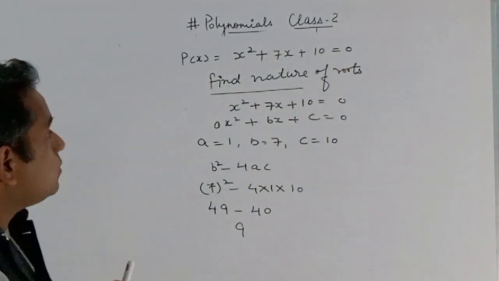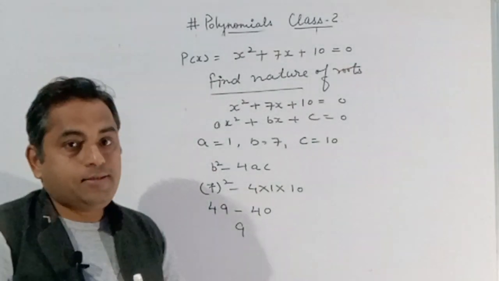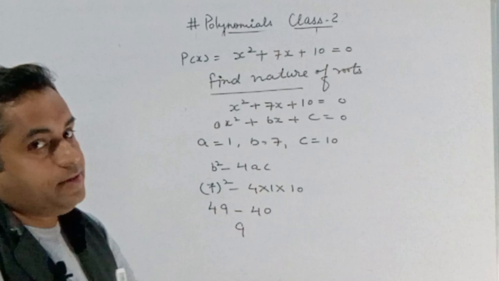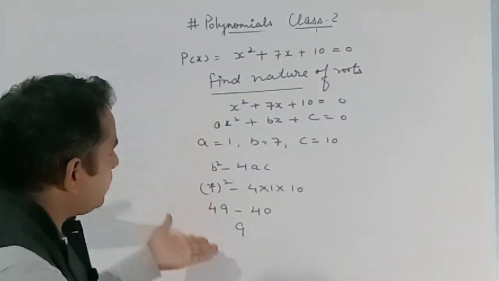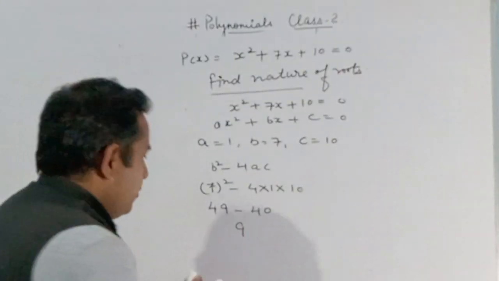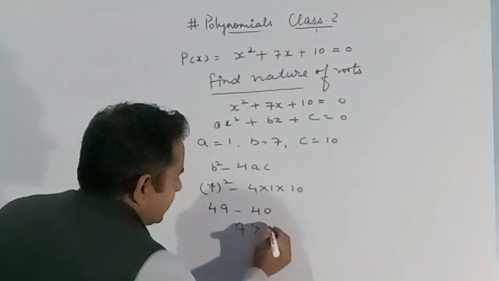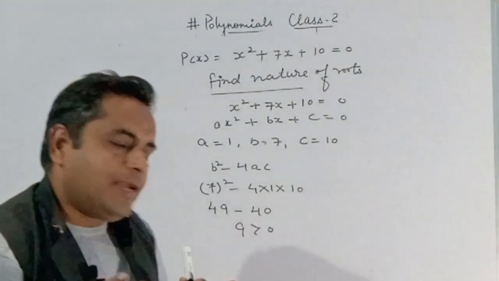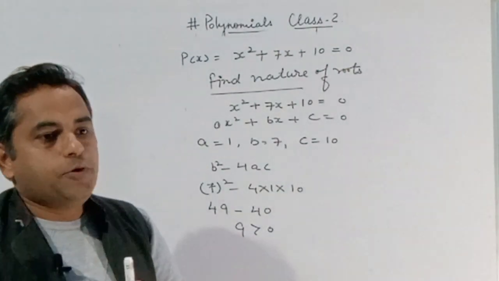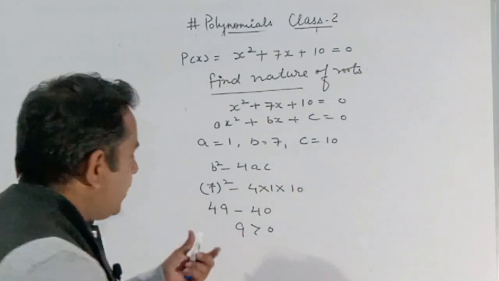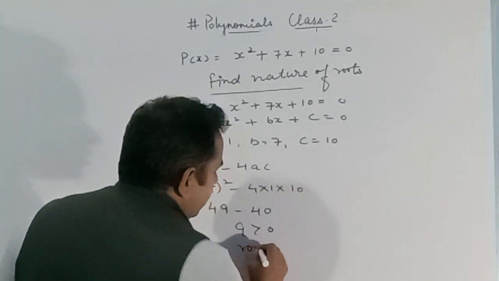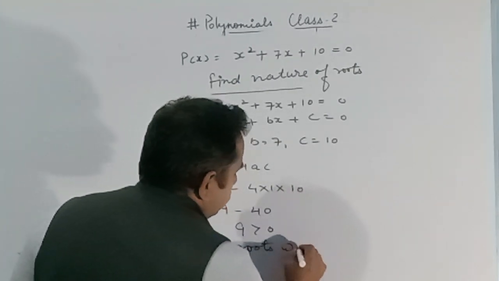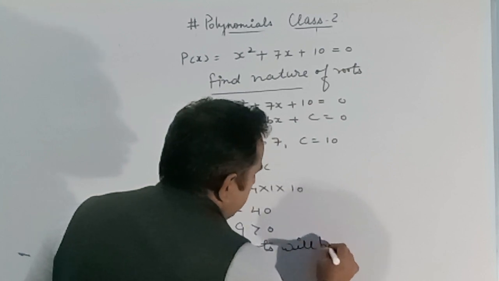See, this is another case. I was not thinking that this would be the result. I know it is greater than 0, and at greater than 0, I told you the roots will be real.